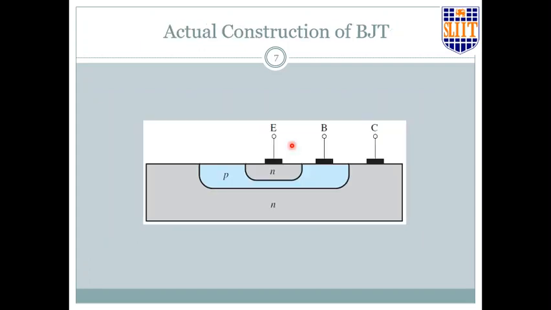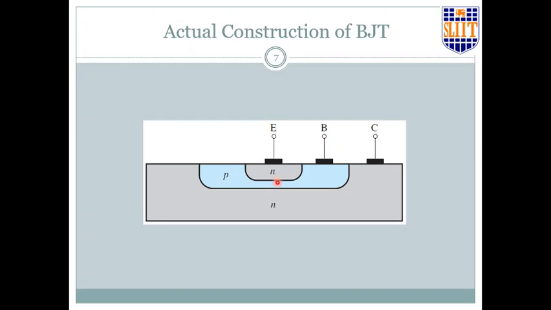So this shows the actual construction. You can see that the collector is a much larger volume than the other two layers, the emitter and the base, and it is deeper as well. The base is the thinnest layer among the three.